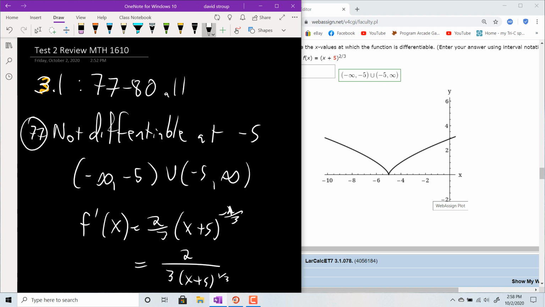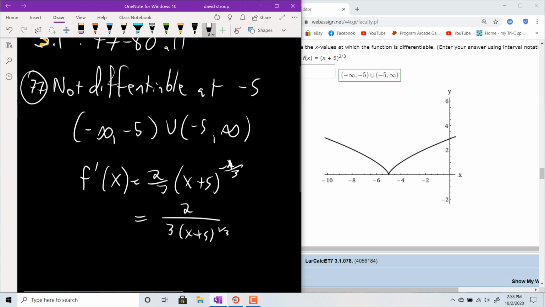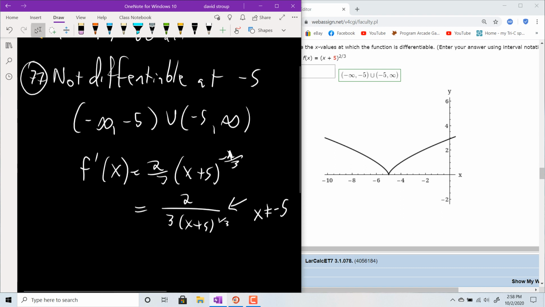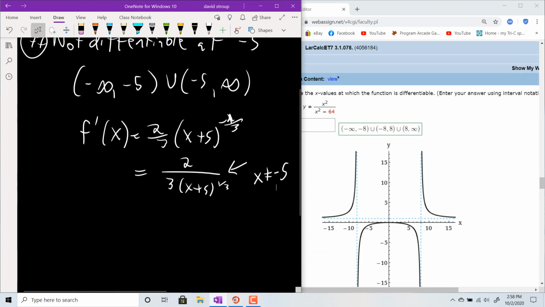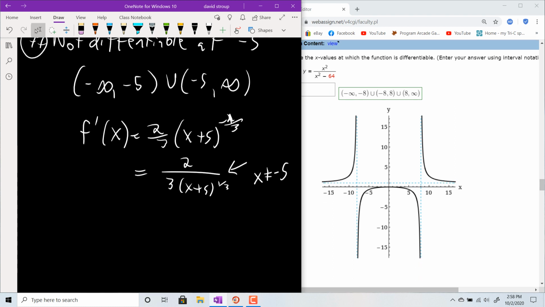You can think of the derivative as a function, and where does it have an issue? At -5: if x equals -5, you'll have division by 0. So not just graphically, but algebraically, we can make a conclusion about differentiability by looking at the derivative at this point.